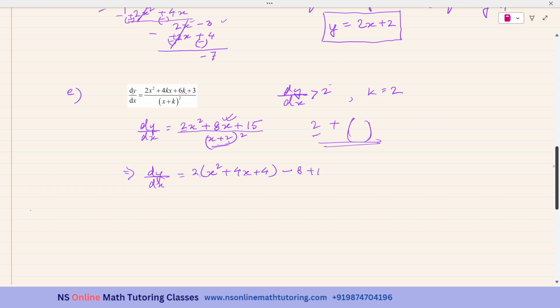Plus 15, divided by x plus 2 whole square. So this is equal to 2 times x plus 2 whole square, and 15 minus 8 is 7, over x plus 2 whole square.